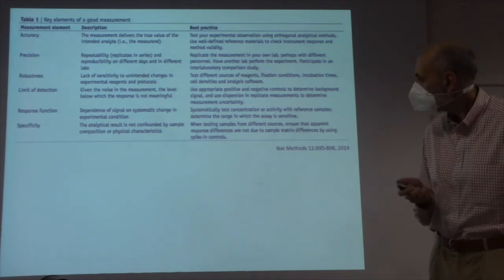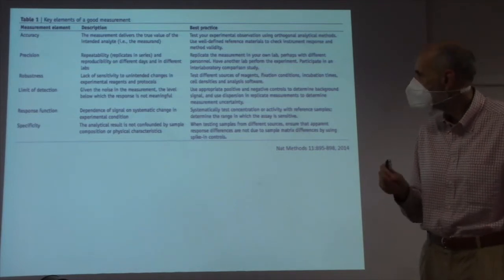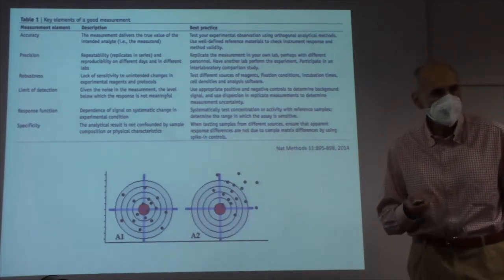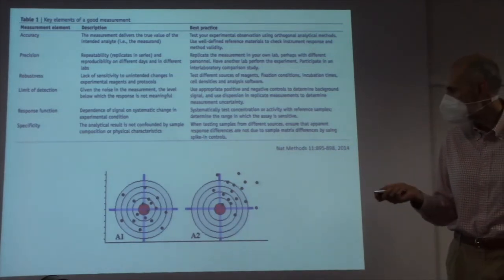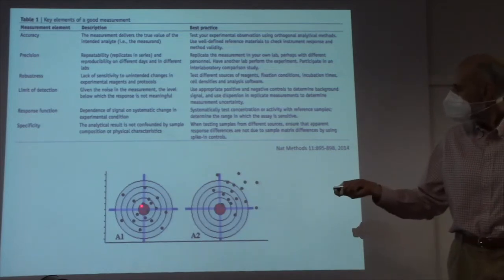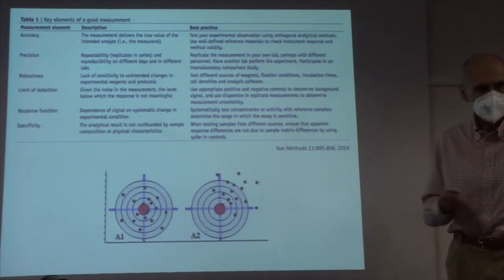Okay, so we can depict accuracy and precision perhaps in this way. Let's assume that the true value we're trying to measure, or we are shooting at, is the center of the target.